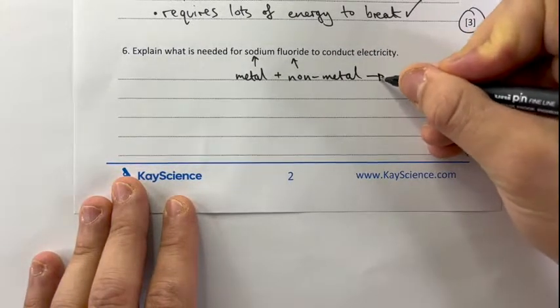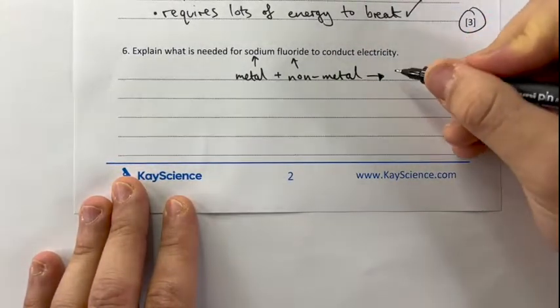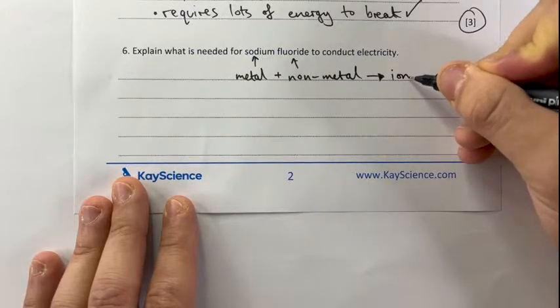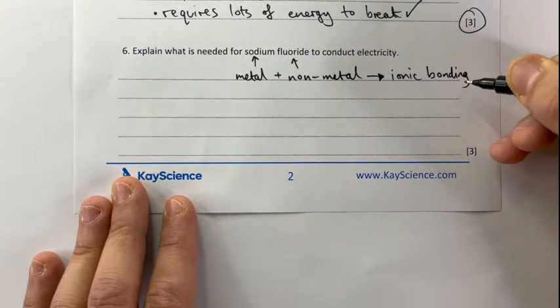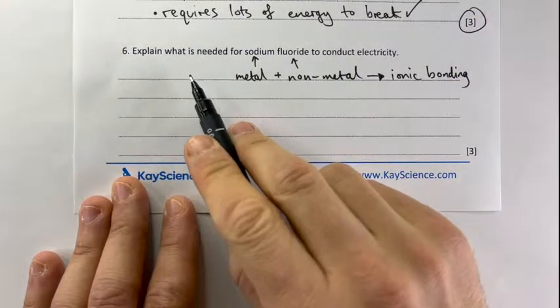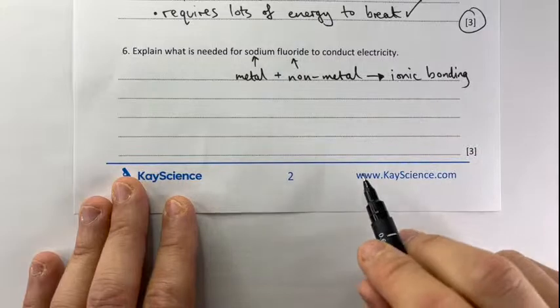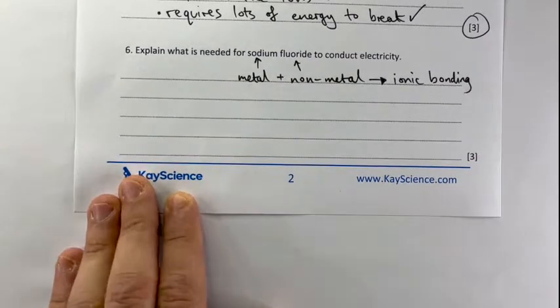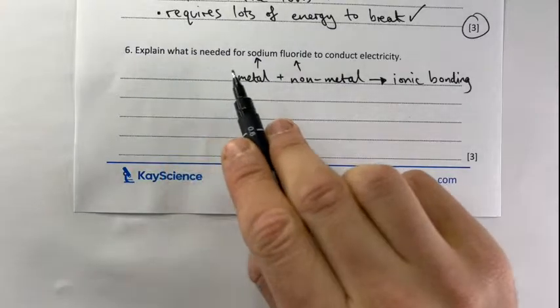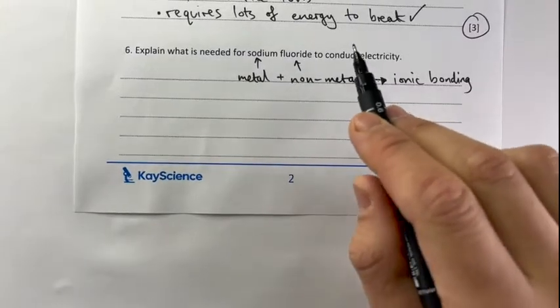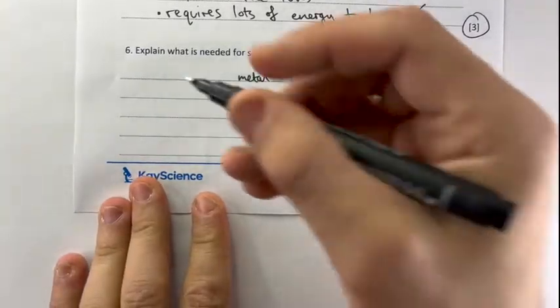So we know a metal and a non-metal bond together to form ionic bonding between the ions. Now, you'll know ionic compounds can conduct electricity and can't conduct electricity depending on their state. So what is needed for sodium fluoride to conduct electricity? Well, this is what you need to say.